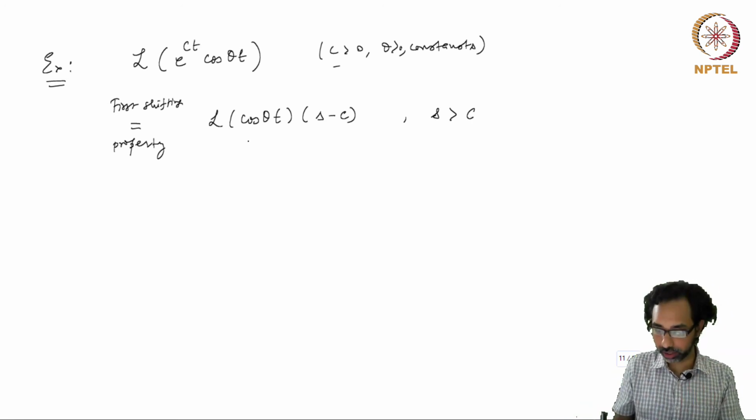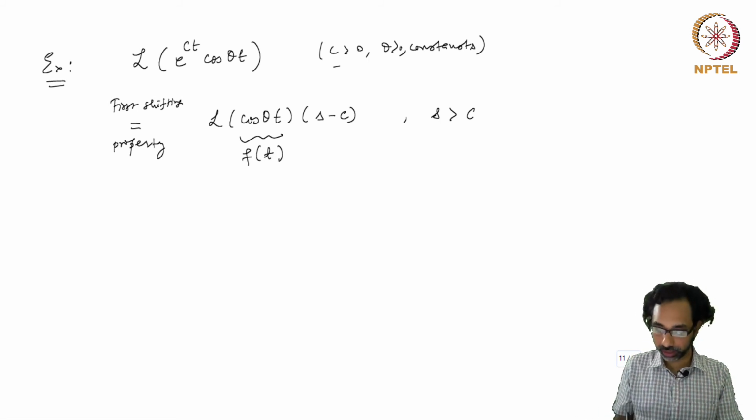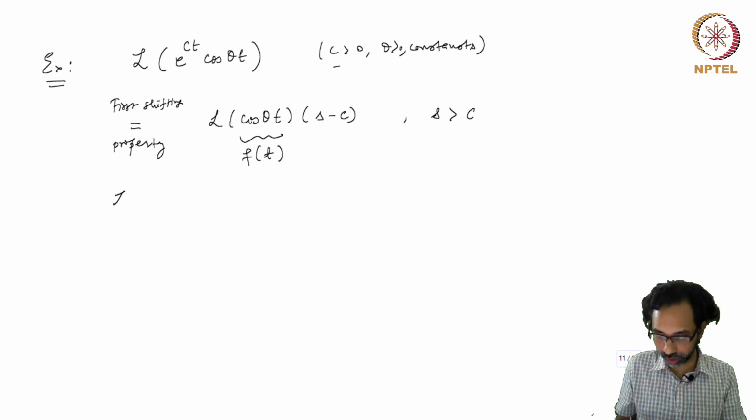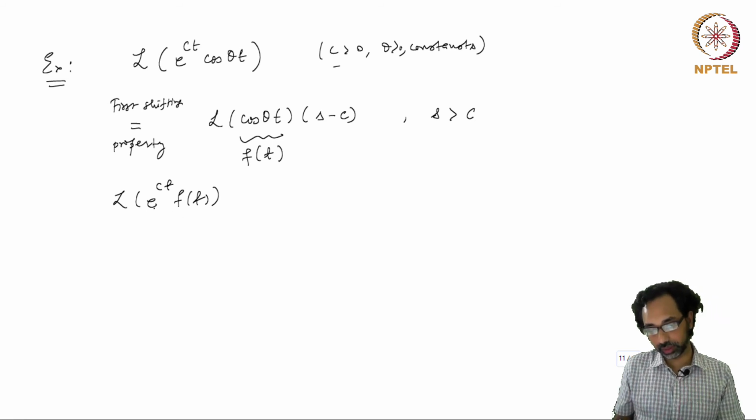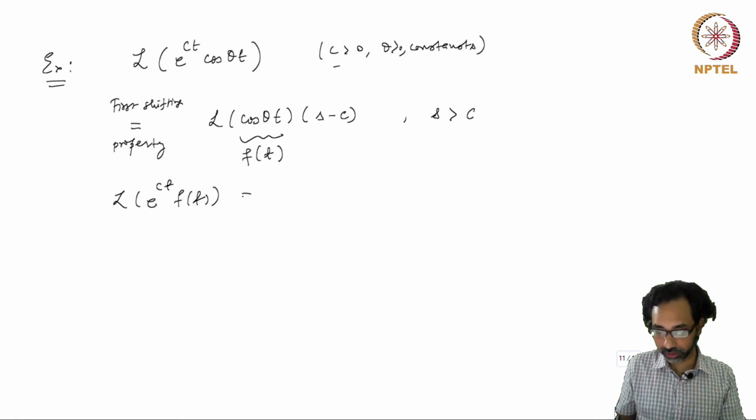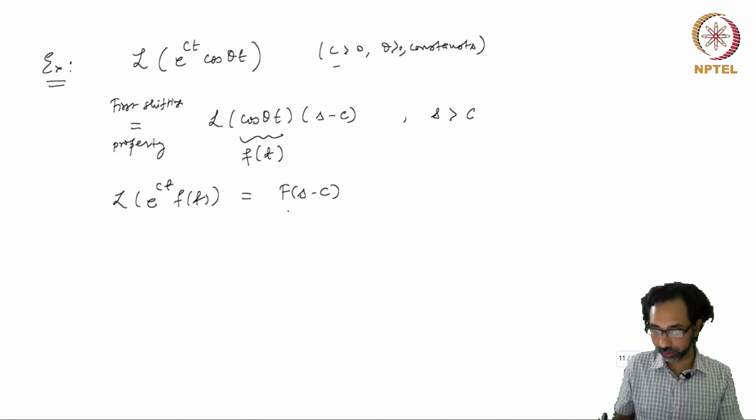Note that here we have taken our function cos of theta t to be our f(t), and so we are trying to compute the Laplace transform of e to the ct f(t), which by the first shifting theorem is F(s minus c), where F is the Laplace transform of f(t).